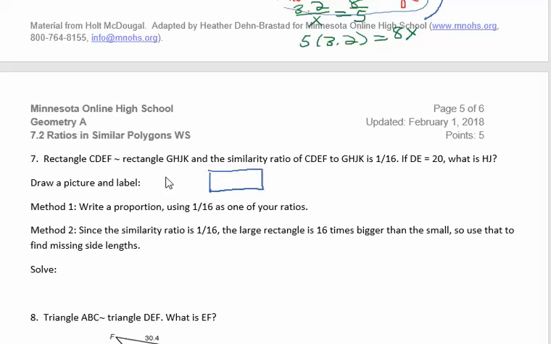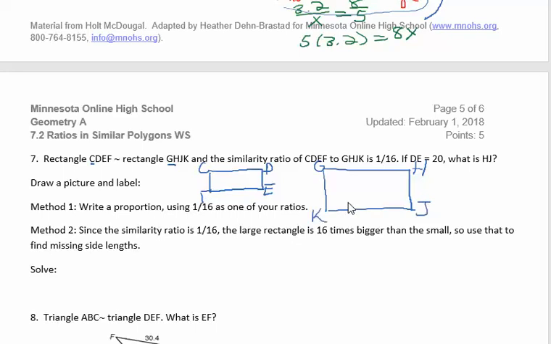So this is C, D, E, F, and it's similar to rectangle G, H, J, K. Because C is first and G is first, they have to be in corresponding locations. Then D goes to H, and E goes to J, and F goes to K.